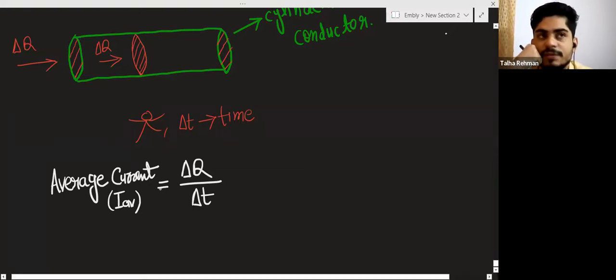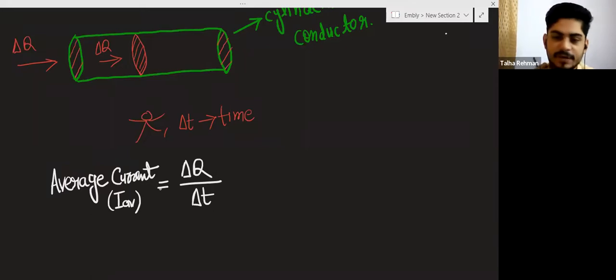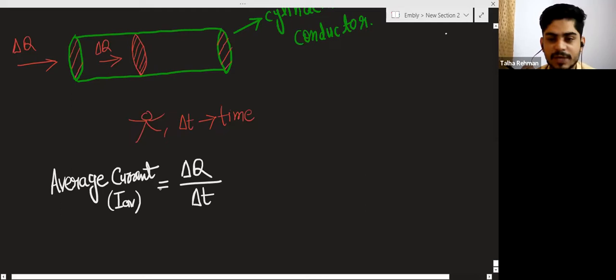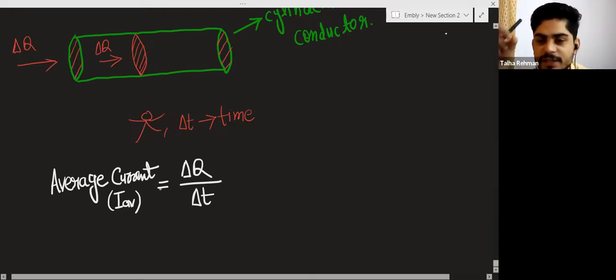Now if we want the current at an instant of time, like this is the wire and you ask me to tell the current right now, instantly, then delta q will change to dq by dt.